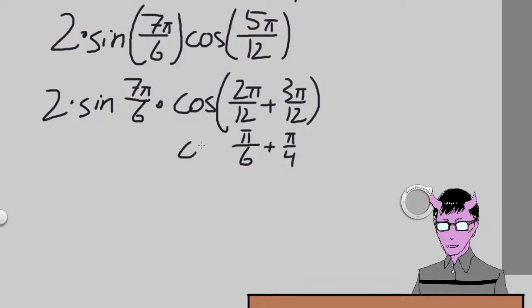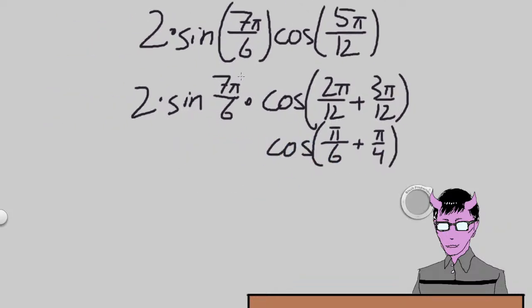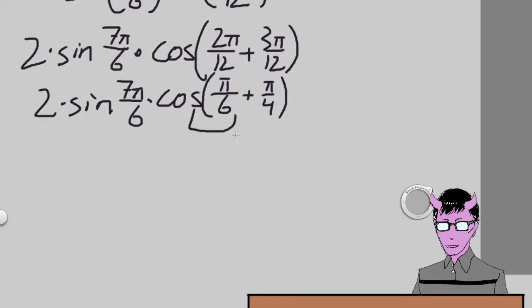So we have to do the cosine expansion on this one. Don't forget to copy paste this one. Alright, here we go. This is the cosine, so you keep the cosines together. So it's going to be cosine of this one and this one.